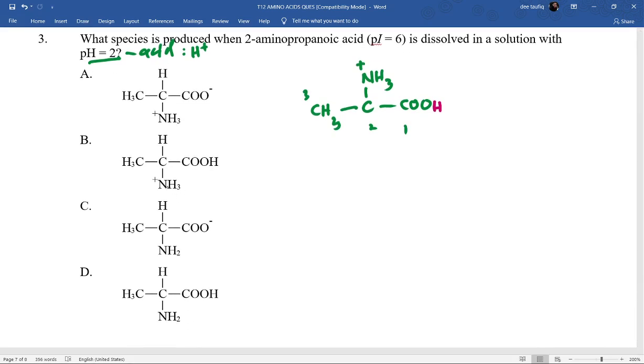So NH3 plus COOH. H3. Oh, sini ada lagi satu H. Macam D. Ada ni tak nak. Ini pun hilang. Ini pun hilang.